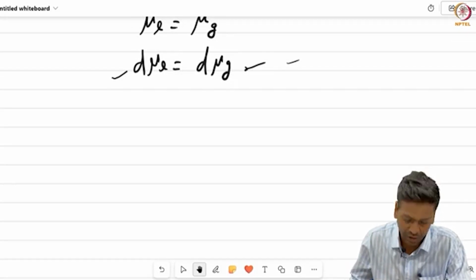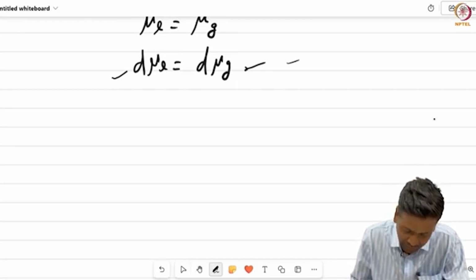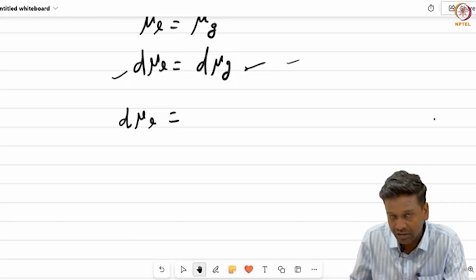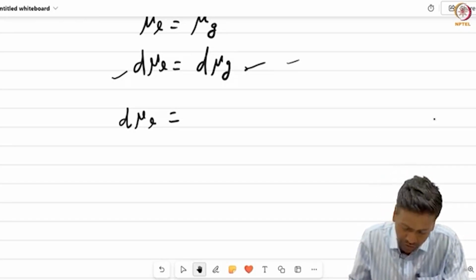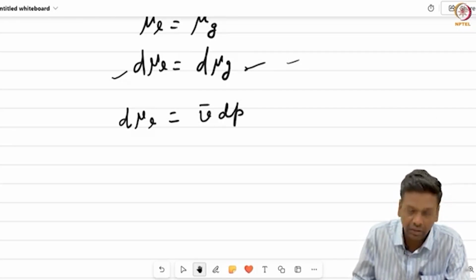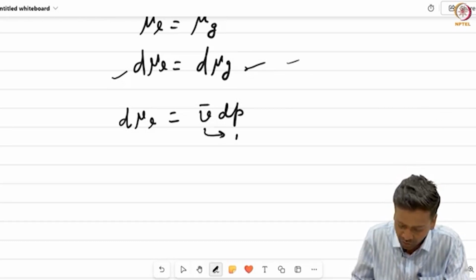Now let's only look at the change in chemical potential on the liquid side. At constant temperature, an assumption we already mentioned, you will not have the entropy term in this. So you will simply have the other term, which is V bar dP. Remember, V bar is nothing but the molar volume.